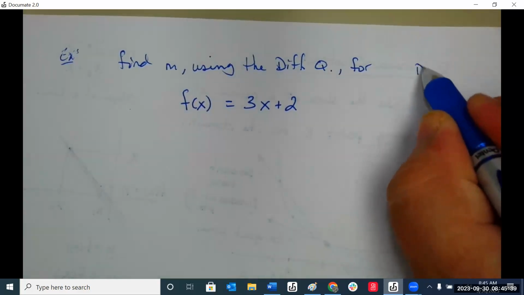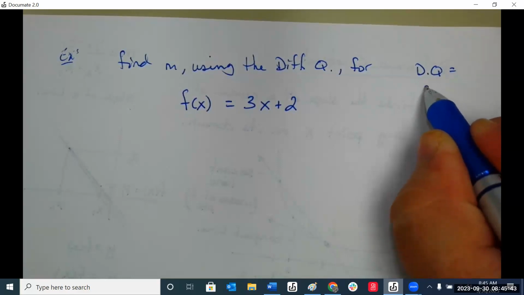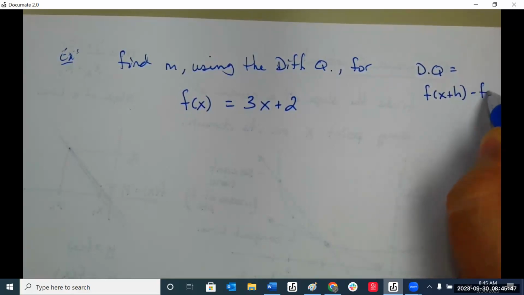Remember, the difference quotient is f of x plus h minus f of x all over h.